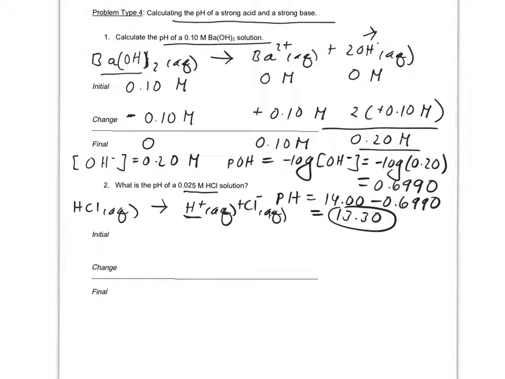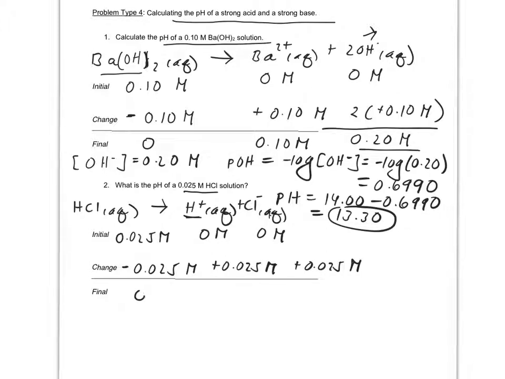Initially we have 0.025 molar of HCl. We have none of our ions yet because they haven't formed yet. Because this is a strong acid, it's going to be completely used up to form 0.025 molar of our proton ions and 0.025 molar of our chloride ions.